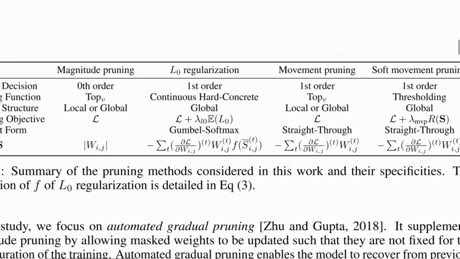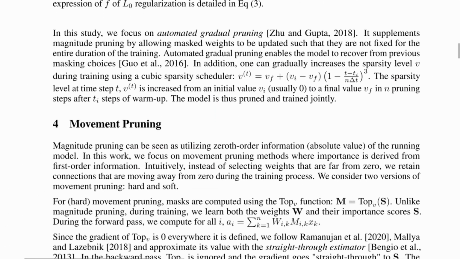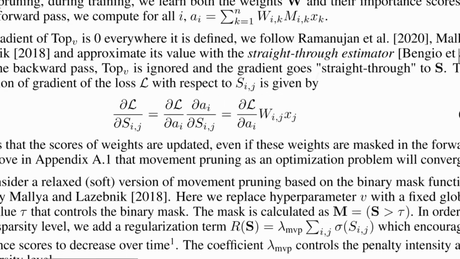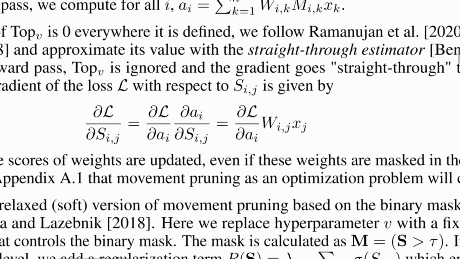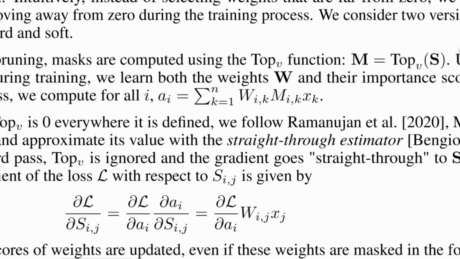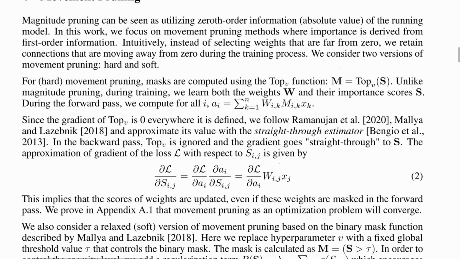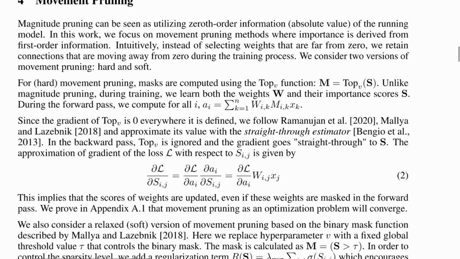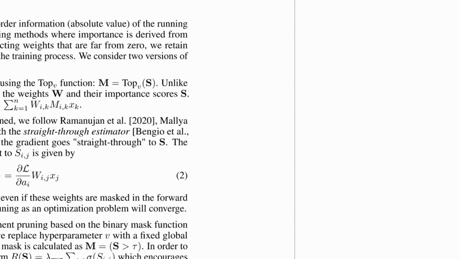Now, how do they actually do it? What they do right here is the following. They say we can define each network layer basically as a matrix multiplication by a weight. Now, you can express pretty much any neural network as such a multiplication with a weight.